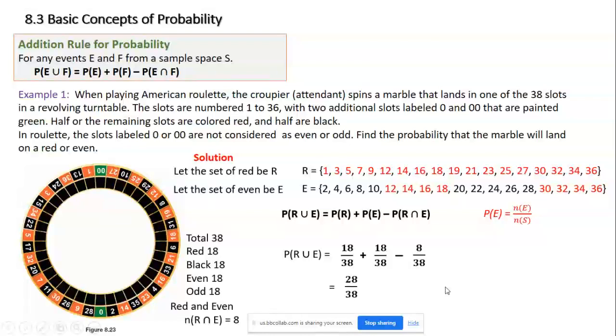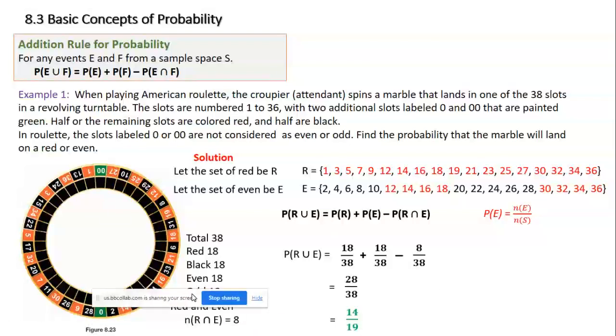Our answer is going to be 28 over 38. But again, we always want to simplify this, and we're going to get 14 over 19. Let me read the problem again: find the probability that the marble will land on a red or even. It is 14 over 19. Okay. All right.